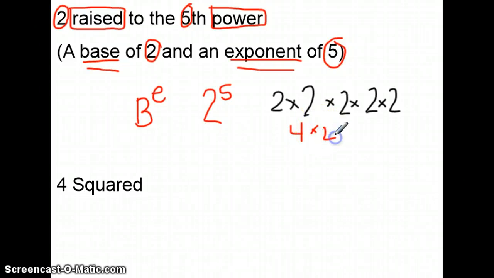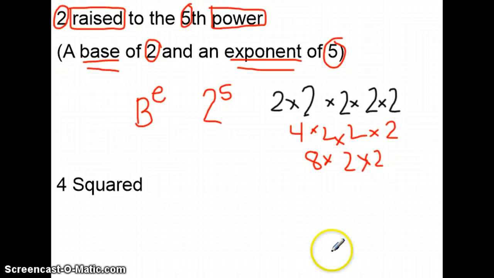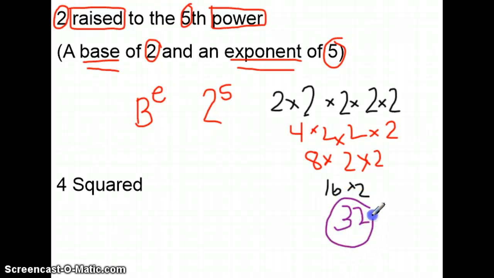And then times 2 times 2 times 2. 4 times 2 is 8, times 2, and there's one more times 2 left. 8 times 2 is 16 times 2. And 16 times 2 is 32. That would be our final answer.